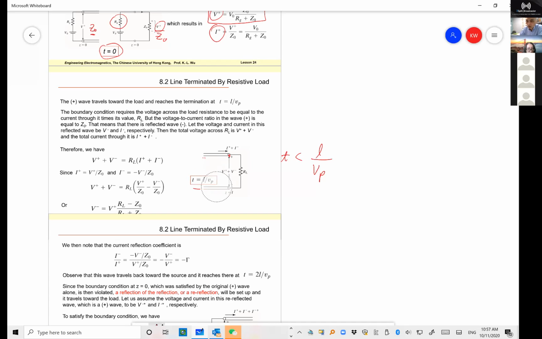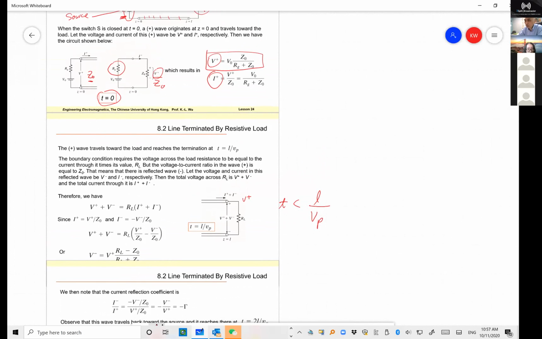Then what will happen? When the voltage reaches the end, at one instant, the voltage equals V1 plus. What is V1 plus?